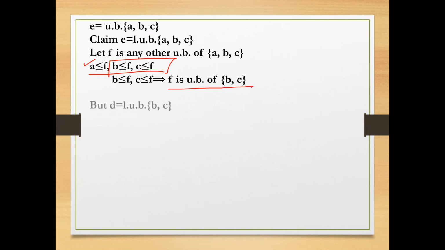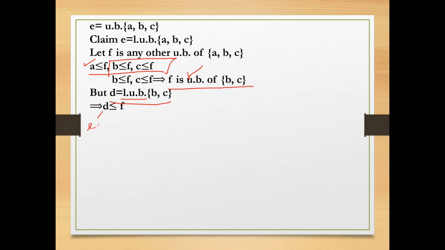But in the previous steps where we marked equation number 1, we supposed D is the least upper bound of B and C. Now F is an upper bound of B and C, but D is the least upper bound of B and C. So one is an upper bound and one is the least upper bound.